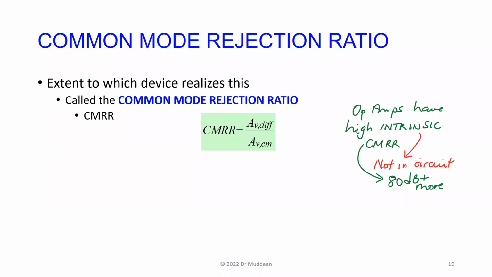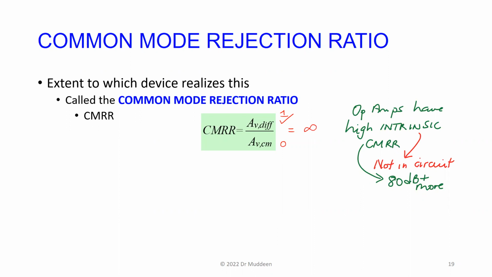Ideally, if all the resistors are equal, AV diff will be 1 and AV common mode is 0. So the common mode rejection ratio should be infinity. In other words, a very high number.